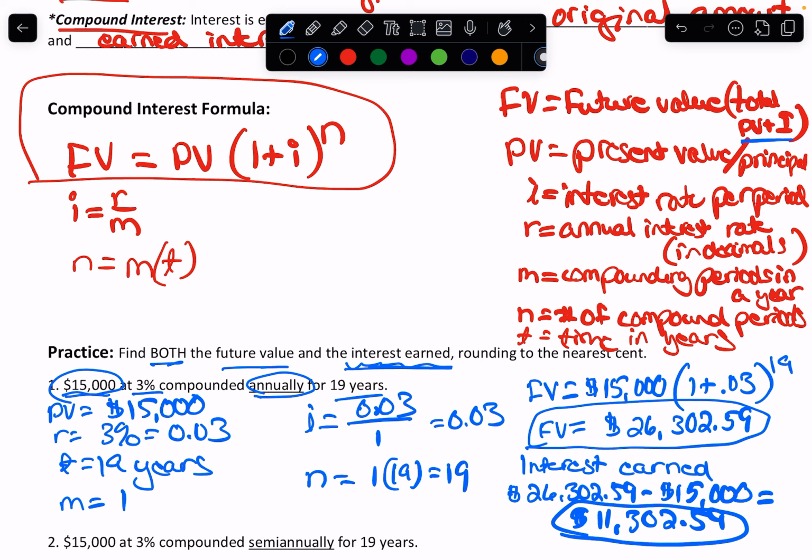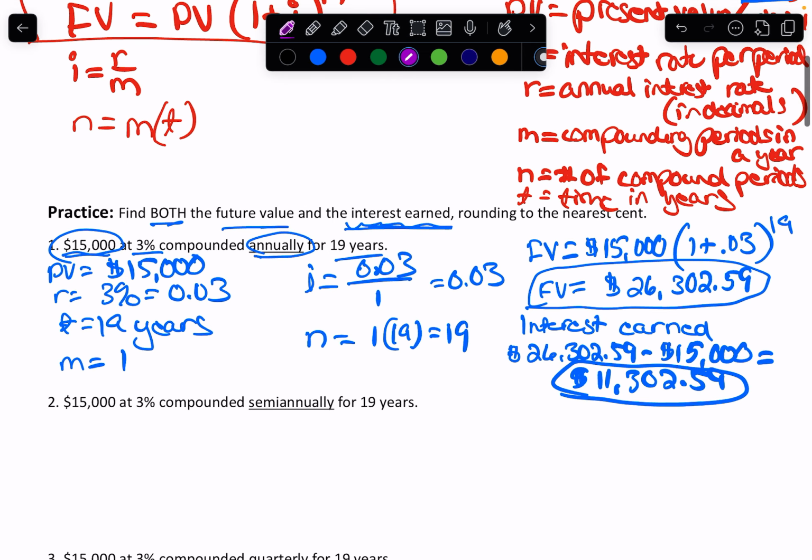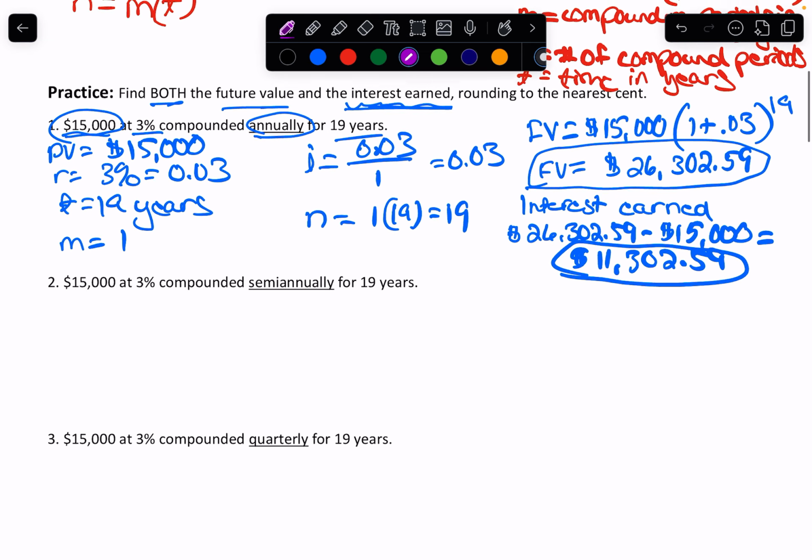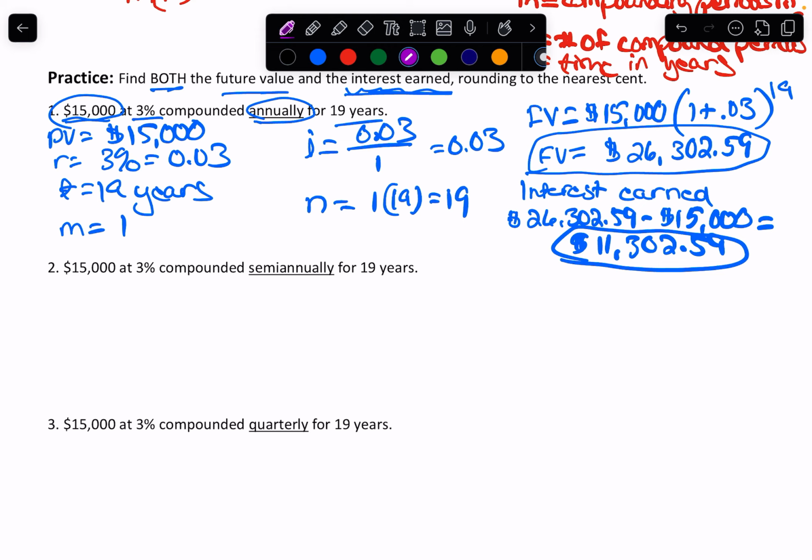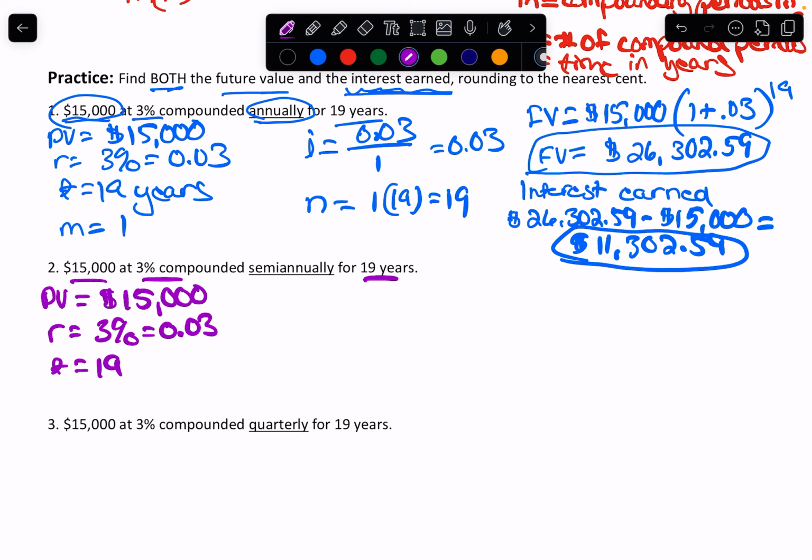Okay? Next one is going to be the same amount. So our principal value is still $15,000. Our rate is the same, 3% is 0.03. Our t is still 19 years. Now the difference is that it is compounded semi-annually.